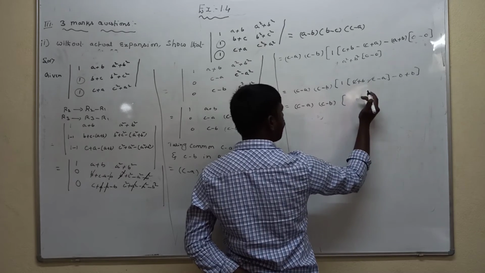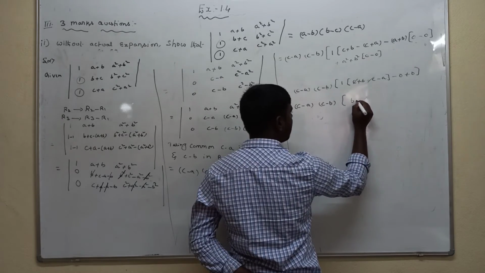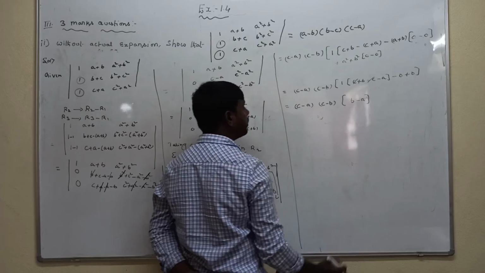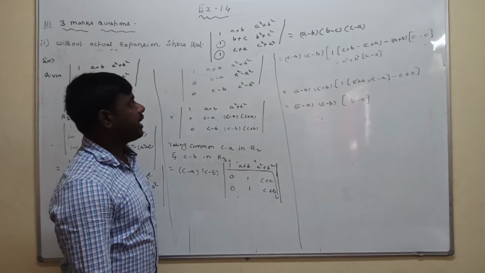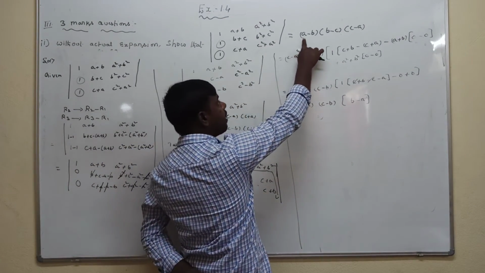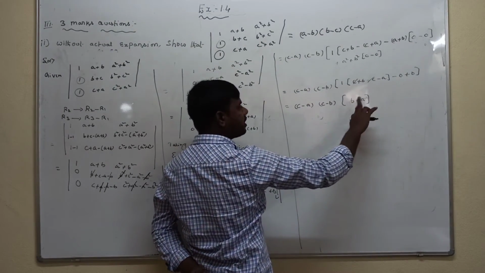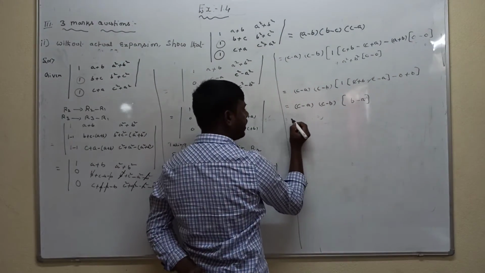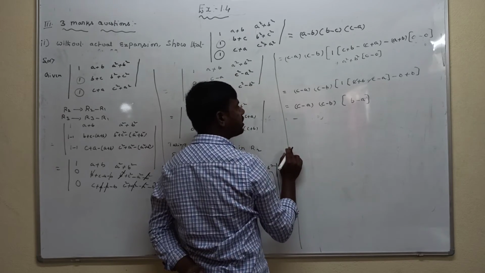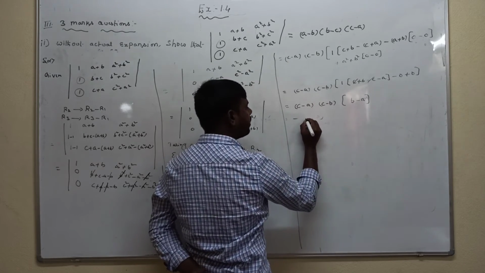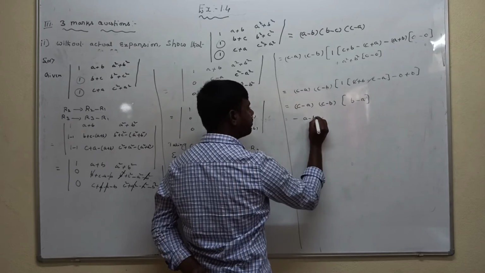Left of value is 1 into b minus a, value is b minus c. Dear students, in the right hand side what is given? a minus b. To prove that a minus b, but here getting b minus a, that's why taking common minus outside, we get a minus b.